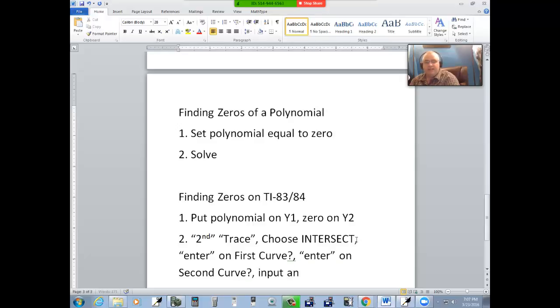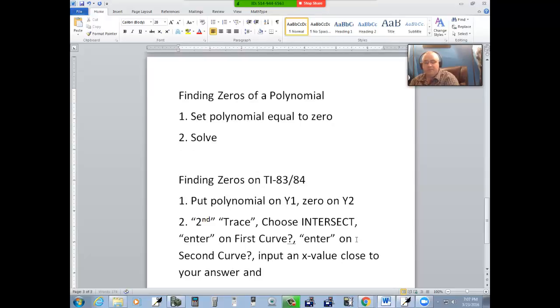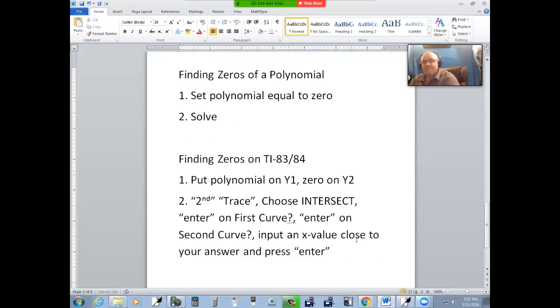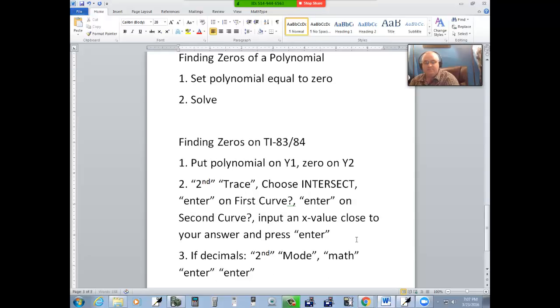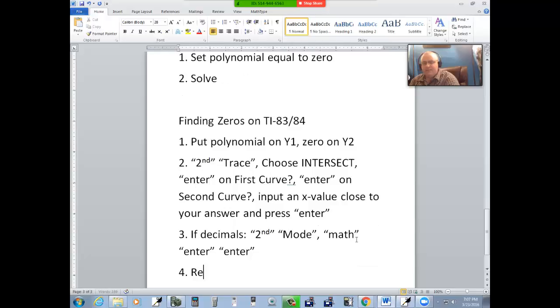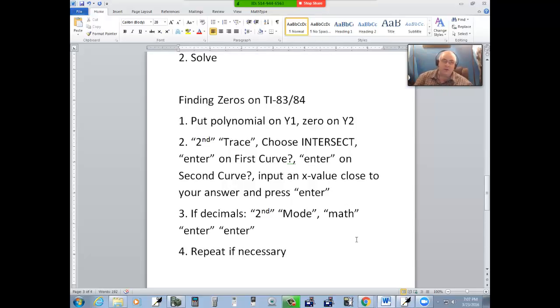Then you'll input an x value close to your answer and press enter. Step 3. If you have decimals, then you're going to do a second mode to exit out, and then you'll do math, enter, enter. And step 4, repeat if necessary. Okay, so those will be our instructions.